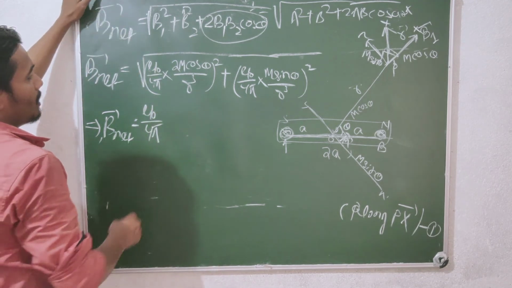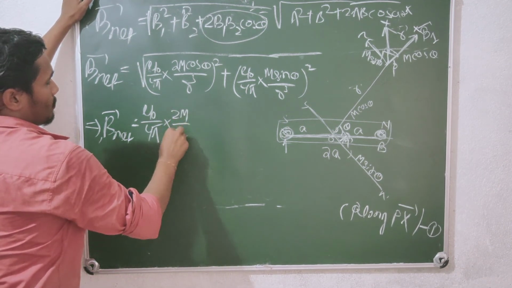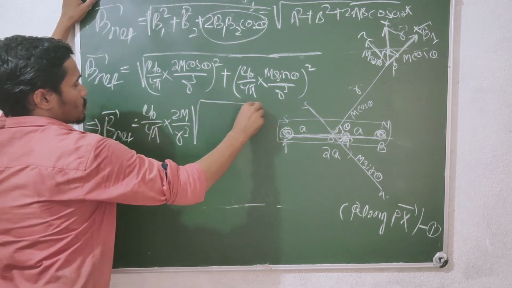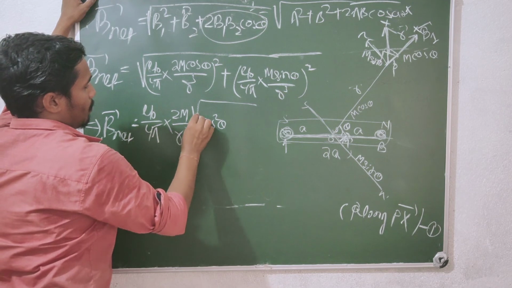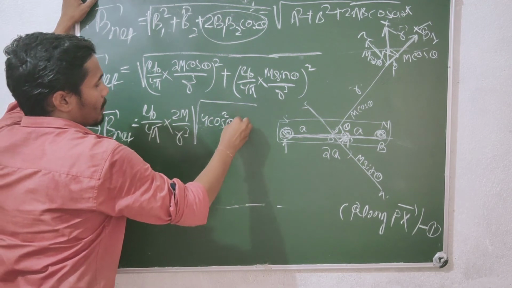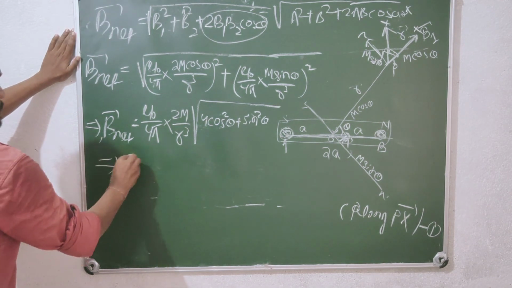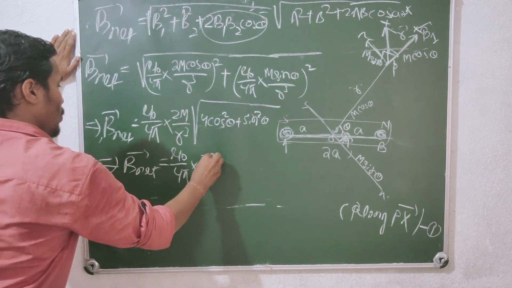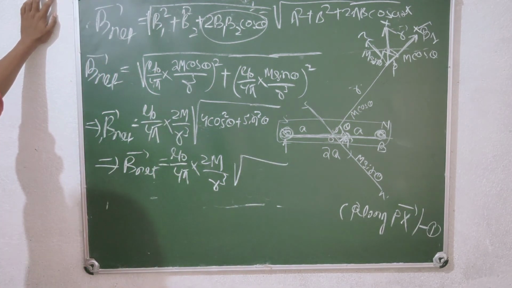Mu naught upon 4 pi into 2m upon r cube, these terms will remain as common, into square root of cos square theta plus sin square theta over 4, that is, 4 cos square theta plus sin square theta. It will be b net vector is equal to mu naught upon 4 pi into 2m upon r cube into square root of 4 cos square theta plus sin square theta.